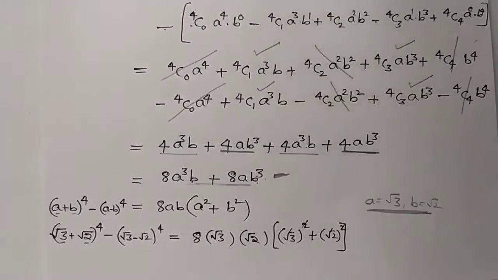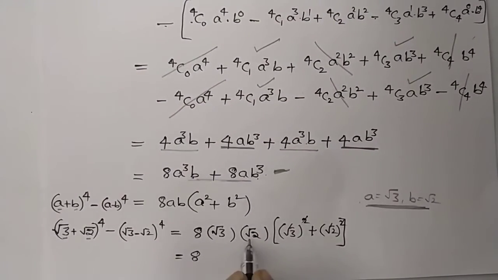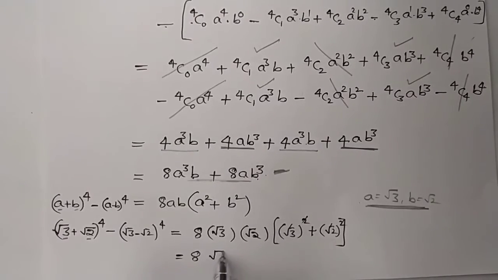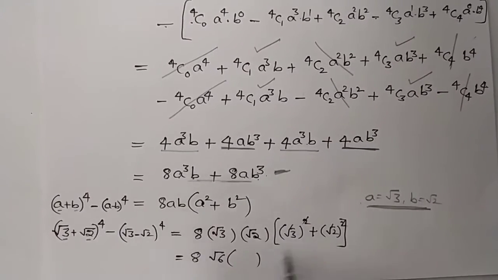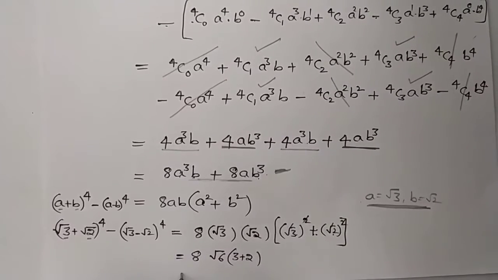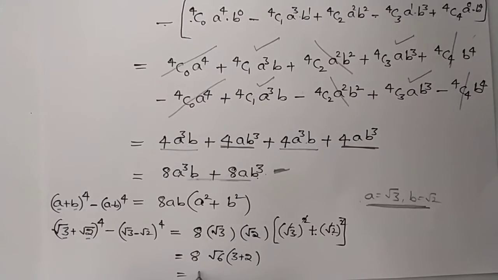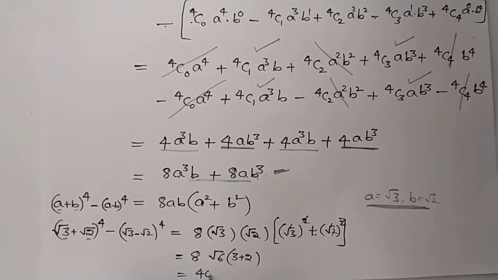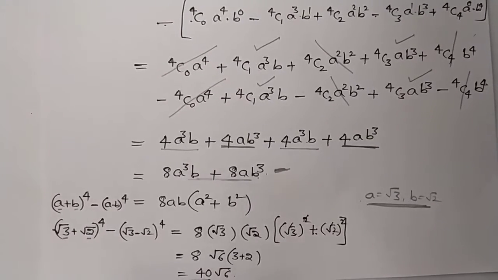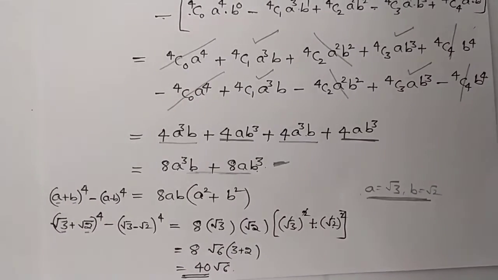Then the remaining things will be what? That is equals to 8 into root 3 into root 2 is root 6, root 6 into next 3 plus 2. 3 plus 2 is how much? 5. 5 into 8 is 40. 40 into root 6. Hence it is the required value.